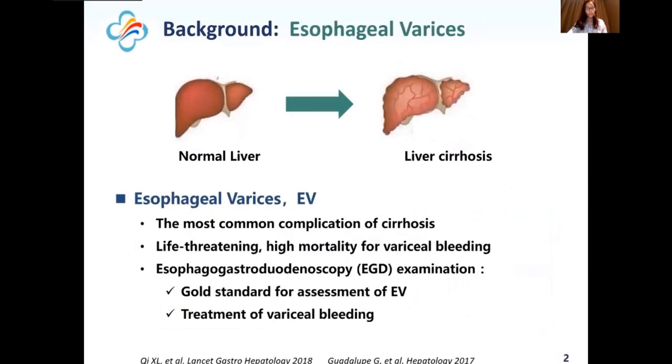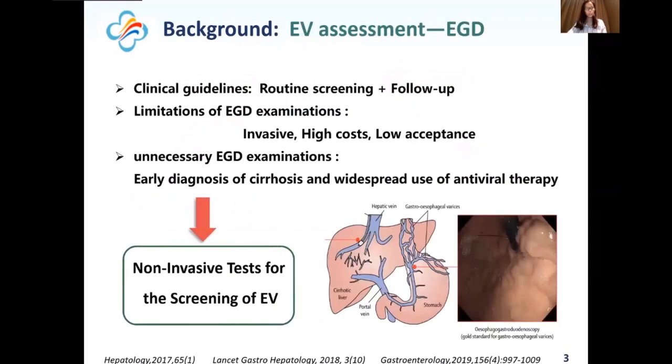At present, esophagogastroduodenoscopy (EGD) examination is still the gold standard for assessment of esophageal varices, as well as the treatment of variceal bleeding. According to the clinical guidelines, once the patient is diagnosed with cirrhosis, it is recommended to take an EGD exam as a routine screening.